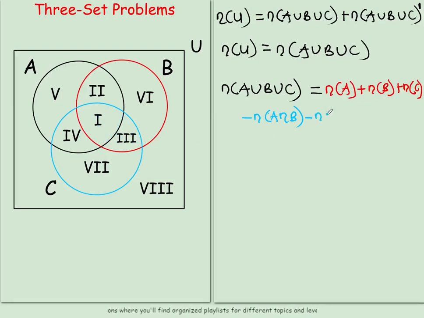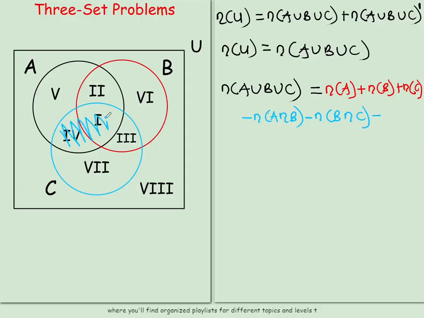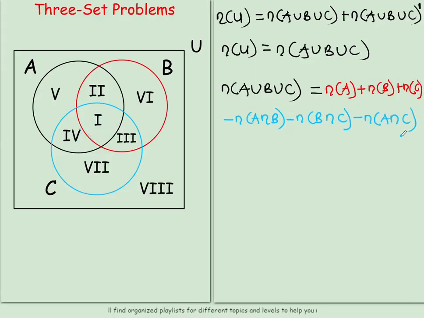And then finally, this portion over here, which is A intersection C. Now, after taking out the intersection of the two sets, you now add the intersection of the three sets. So plus A intersection B intersection C.